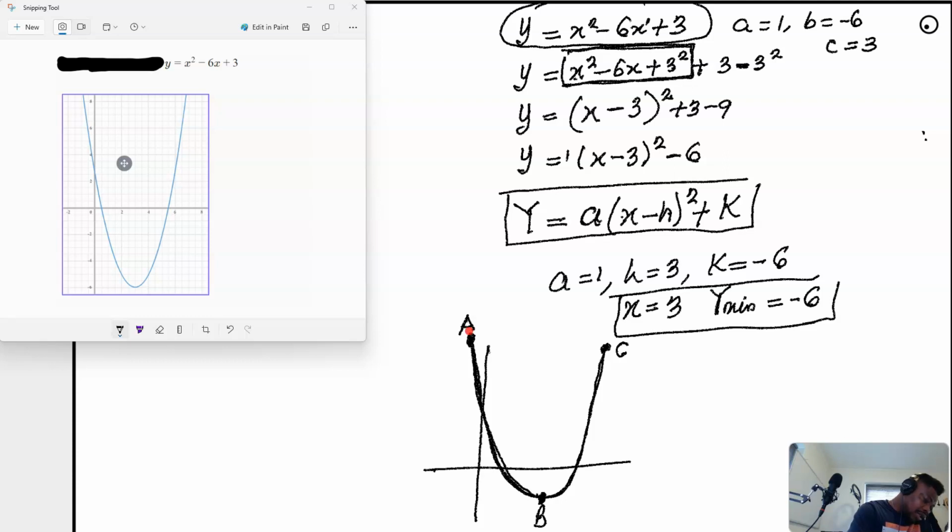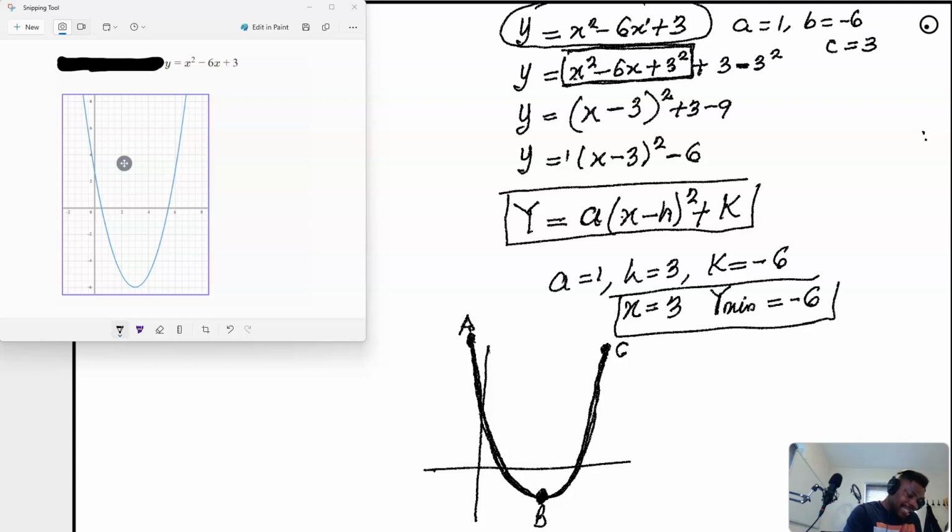So the gradient of AB is negative. While B to C is increasing, the gradient of BC is positive. So point B is the point where negative gradient is turning into positive gradient.